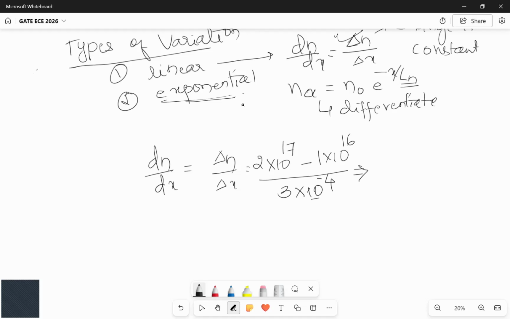So this will come around 6.33 into 10 raised to 20 per centimeter to the fourth.